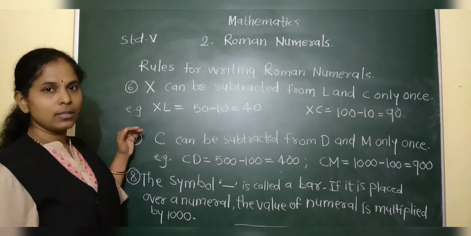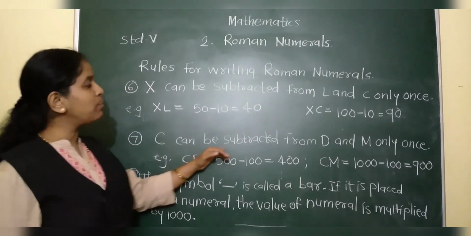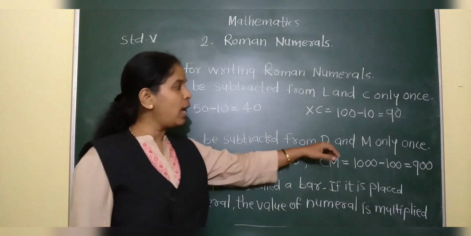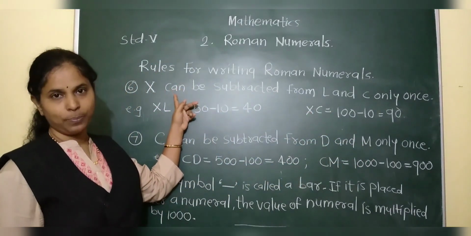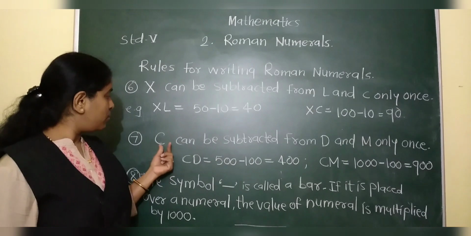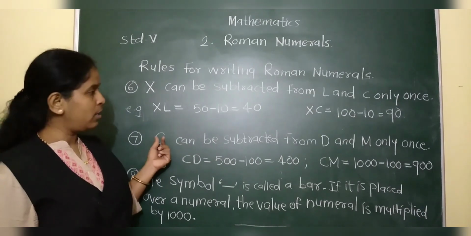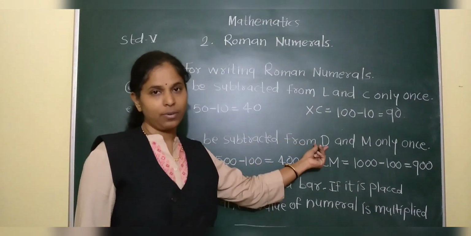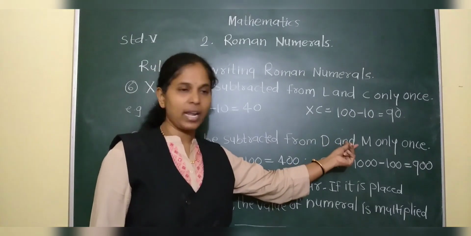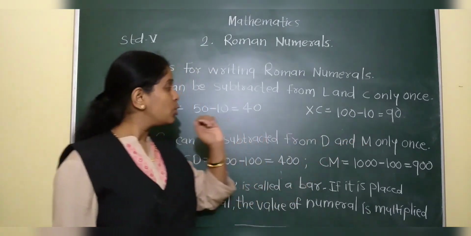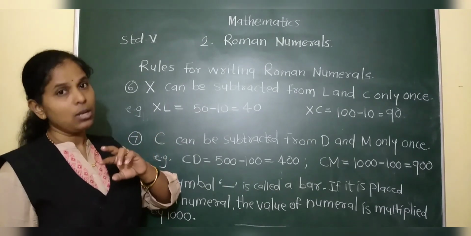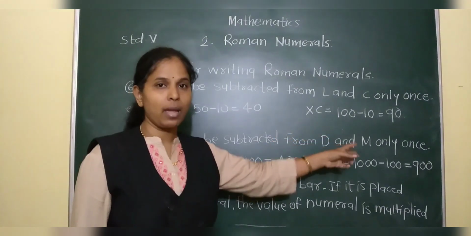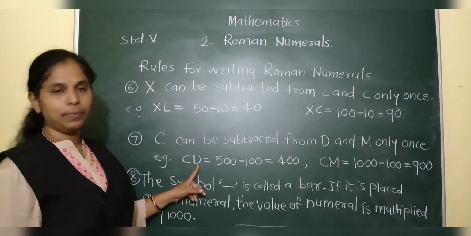Now the next rule is: C can be subtracted from D and M only once, like the sixth rule. C stands for 100, D stands for 500 and M stands for 1000. So we can subtract C, that is 100, only once from D and M. For example, CD.